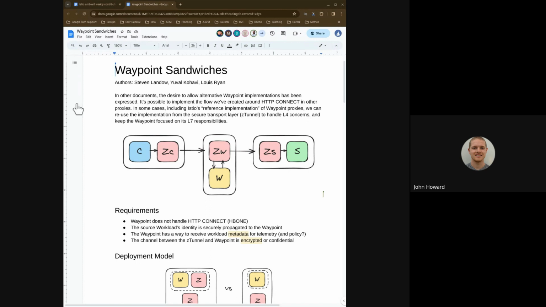Now, that being said, given that it already has to do load balancing and all this other stuff, it's maybe a bit redundant, but that is another option.